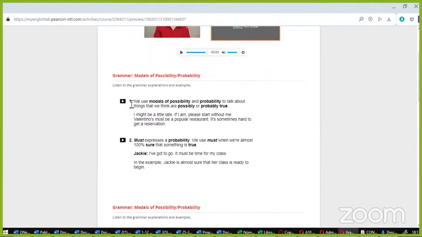Okay, let's please read here. We use modals of possibility and probability to talk about things that we think are possibly or probably true. I might be a little late. If I am, please start without me.